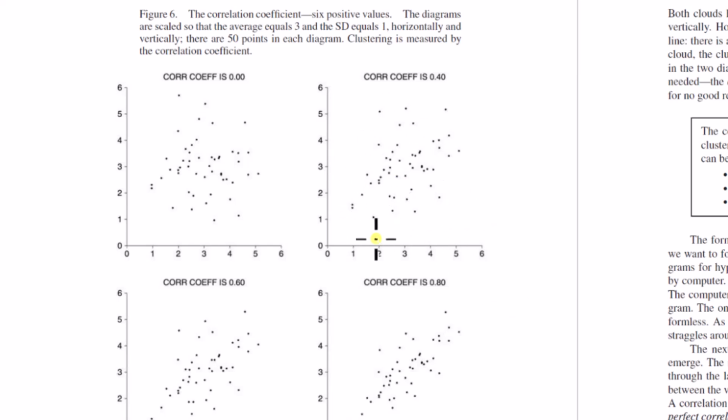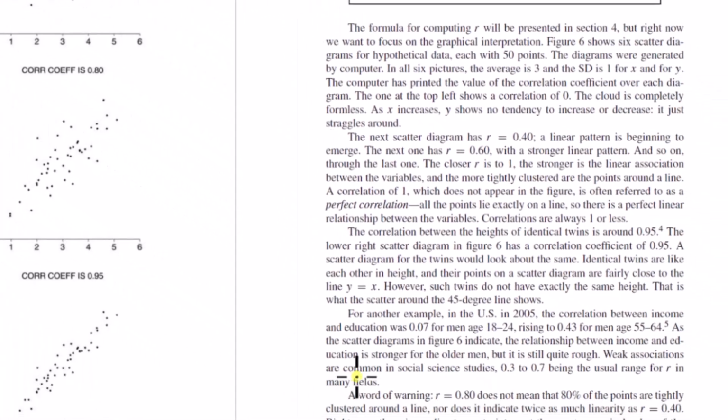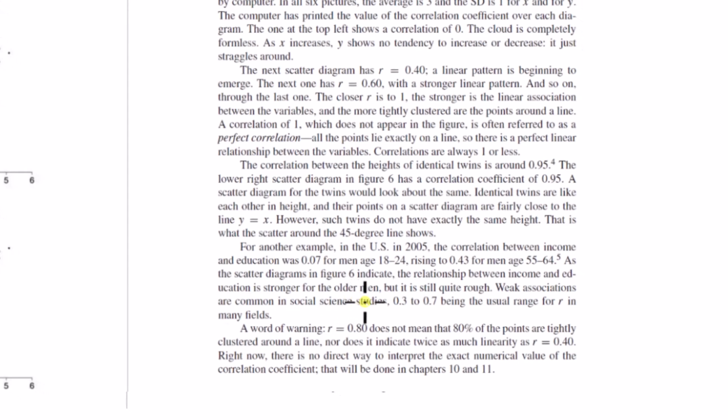If the education's high, then in general I can tell you the income's going to be higher. It's more predictable. So the relationship between income and education is stronger for the older men, but it is still quite rough. I mean, you could still have professional basketball players that, even though they've retired, are millionaires or billionaires, and their education's low.